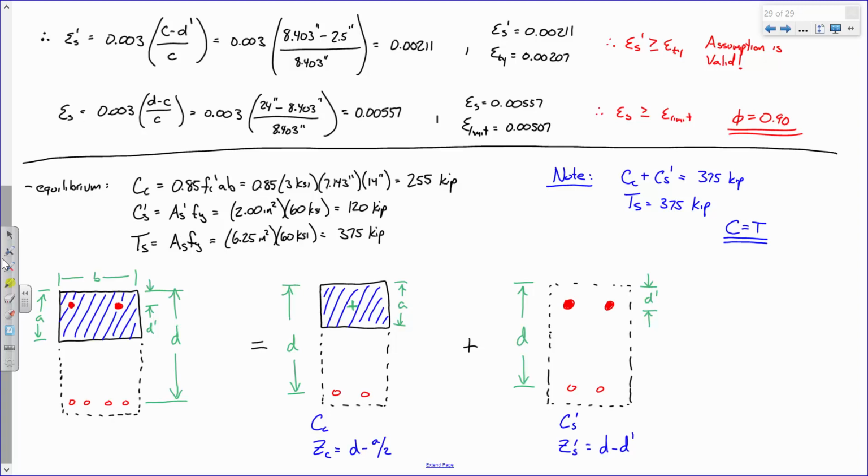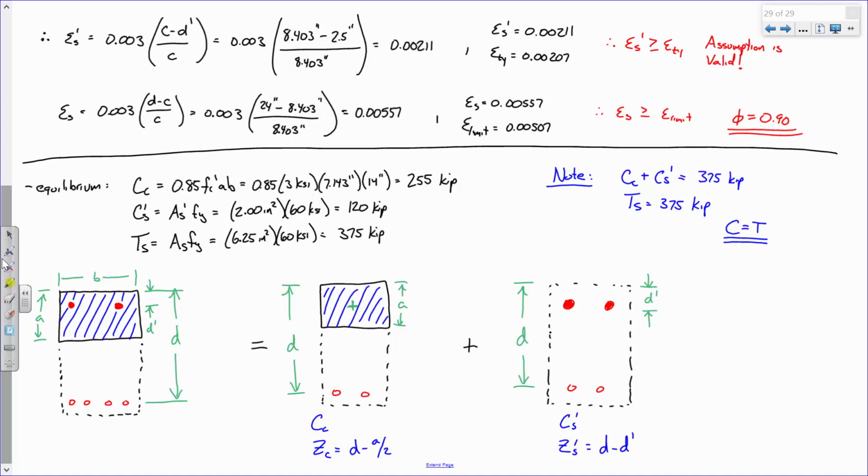So, what is the moment capacity of a doubly reinforced section? It is Cc times (d minus a over 2) plus Cs prime times (d minus d prime). And this formula actually holds true for both cases. The only thing that's different is what that is. But in the end, that formula works because the compression steel doesn't move.